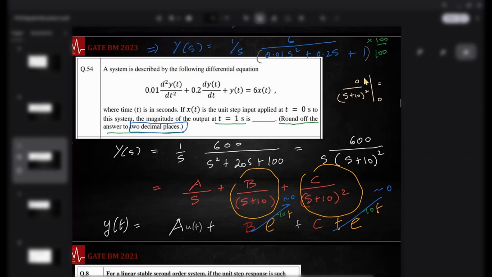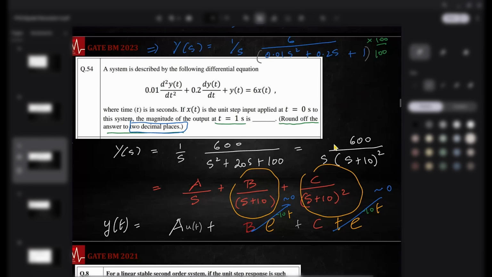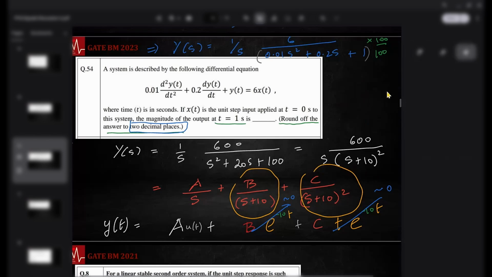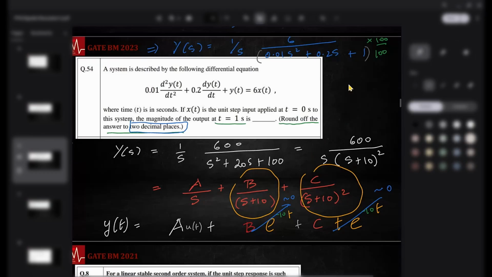Tell me A. Singularity, evaluated at singularity. You can do it with this. Here, remove singularity, and then evaluate at singularity. Tell me the value of A. Do that on the tissue paper.